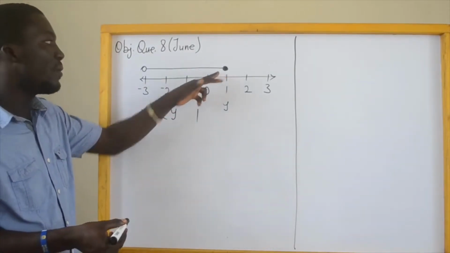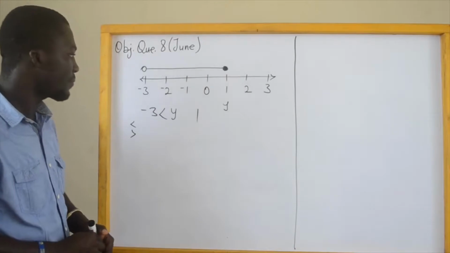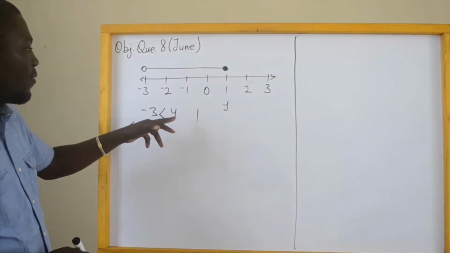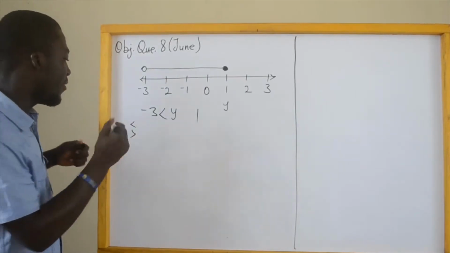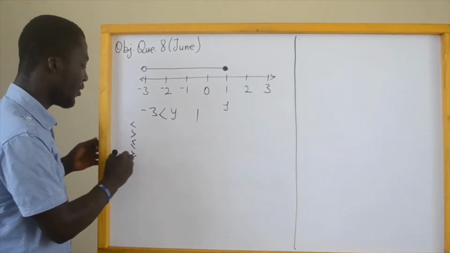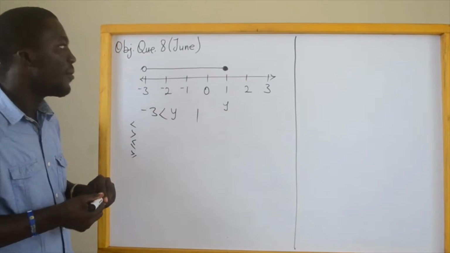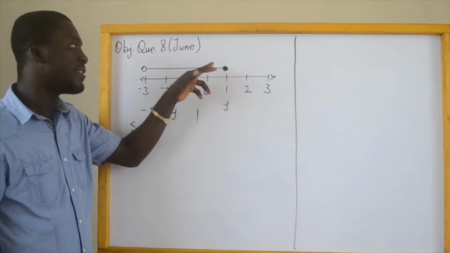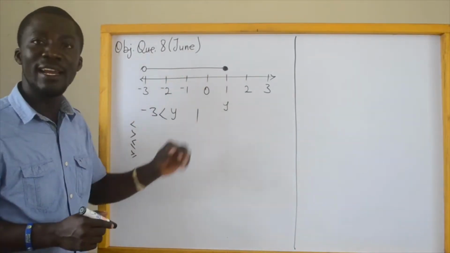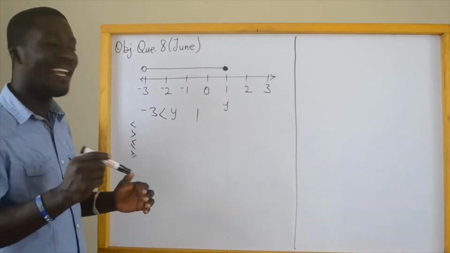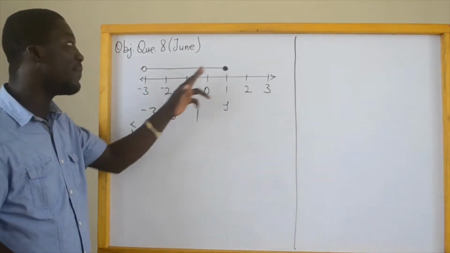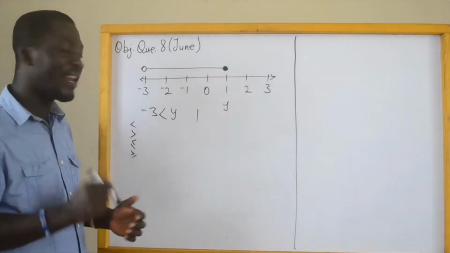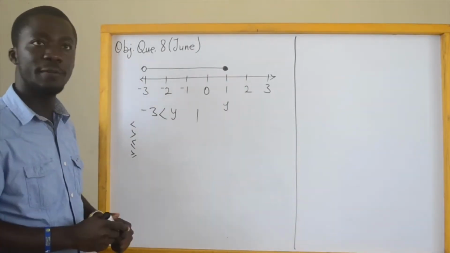Now on to this endpoint. We want to bring a sign, either less than or less than or equal to, or greater than or equal to. When we have a circle which is shaded, it means the 1 is also part. It is inclusive. When we were here, it was exclusive, but here the 1 is inclusive.